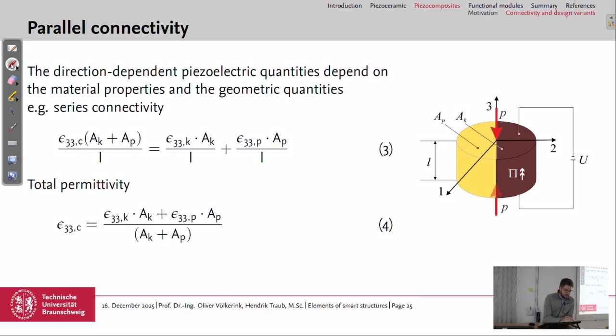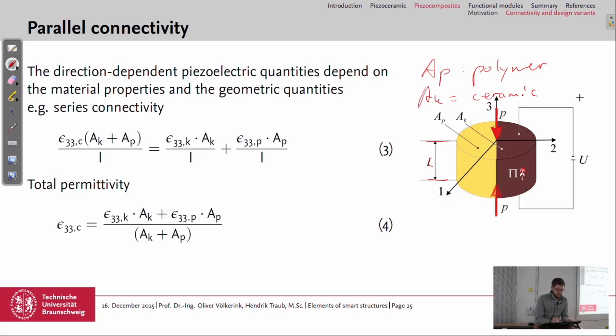And we can do the same for parallel connectivity. Now we both have the same length or height. We have again field in the 3 direction and also a force here. But now the cross section is divided in AP for the polymer and AK for the ceramic.